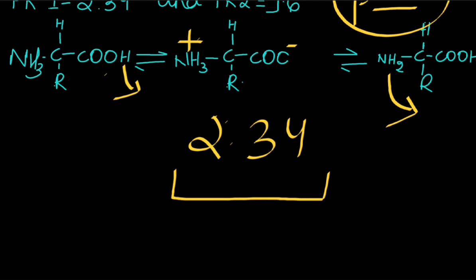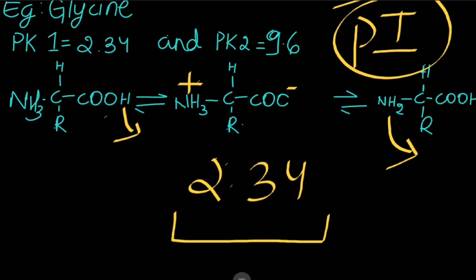Now the other one, 9.6. When this amino acid reaches 9.6 pH, the COOH has already lost its hydrogen.